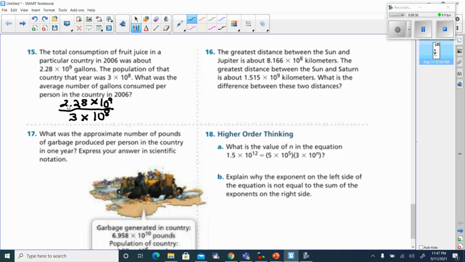Well, our first part makes us take 2.28 and divide it by 3. Let's do that over here. 2.28, we'll divide it by 3. I know 3 goes into 22 7 times to make 21.